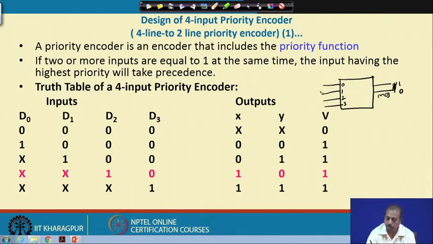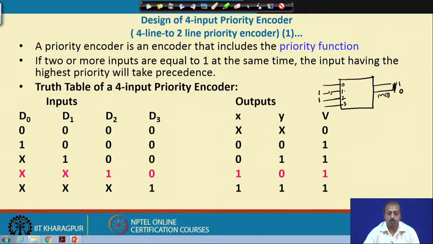Now, if 1 and 2 are simultaneously equal to 1, then also we may say that I will give priority to 1, and the input 2 also being equal to 1 will just be ignored as long as input 1 is equal to 1. That way input 1 has higher priority than input 2. So, a priority encoder is an encoder that includes the priority function.